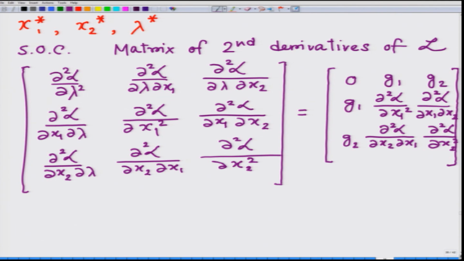Now, we can simplify this further to a form which has easy to deal with notations.